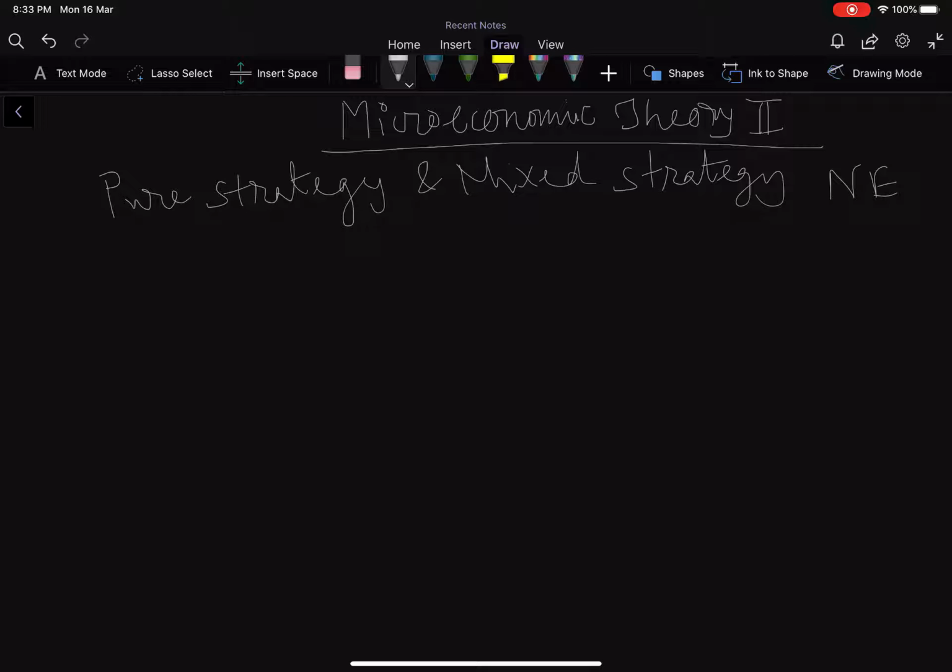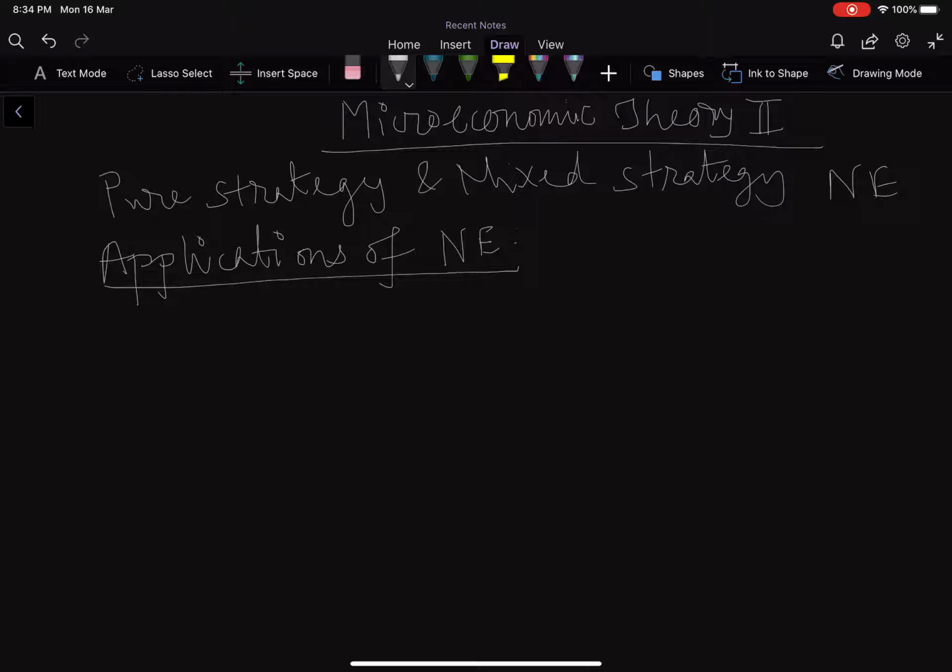Now, to begin with, we will think about the first application. Today's discussion is about applications of Nash equilibria. I'm sorry, the quality of handwriting is pretty bad because my stylus is not up to the mark. So please bear with me on that.